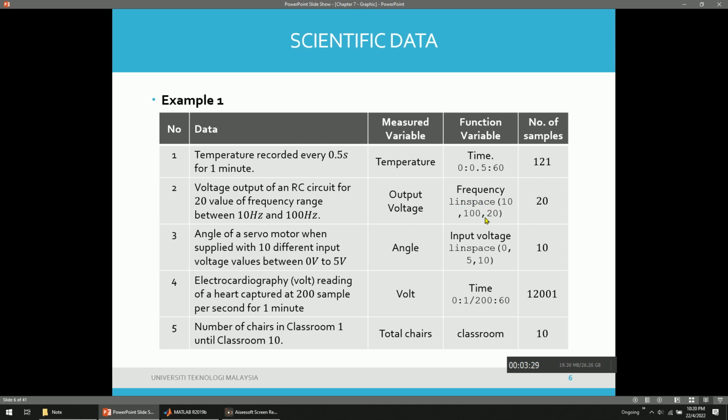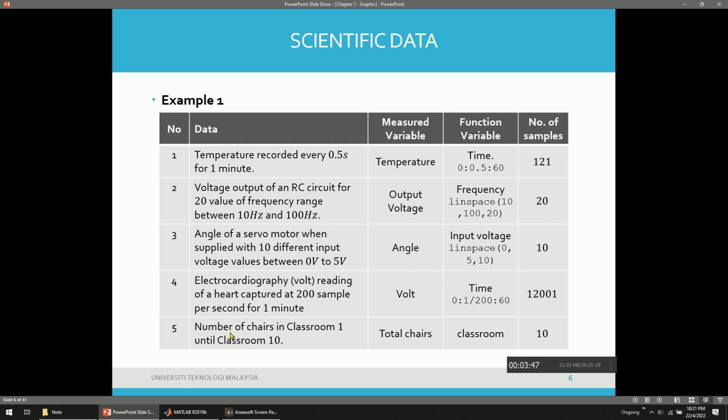You have 20 points of data, 20 samples, and you have the voltage. Same here. Either you use this kind of coding or you can use linspace.